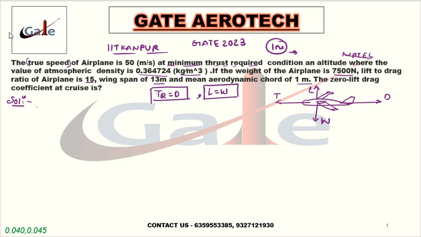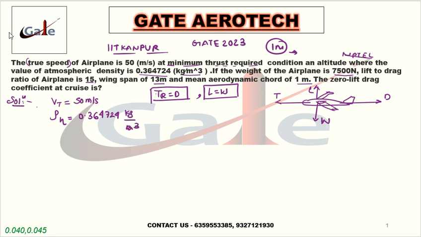So this equation will make sense when we solve the question. Let's first write the given data. True airspeed they have given, so velocity at true airspeed is 50 meter per second. They have said the condition is minimum thrust required at an altitude where the density is 0.364724 kg per meter cube.